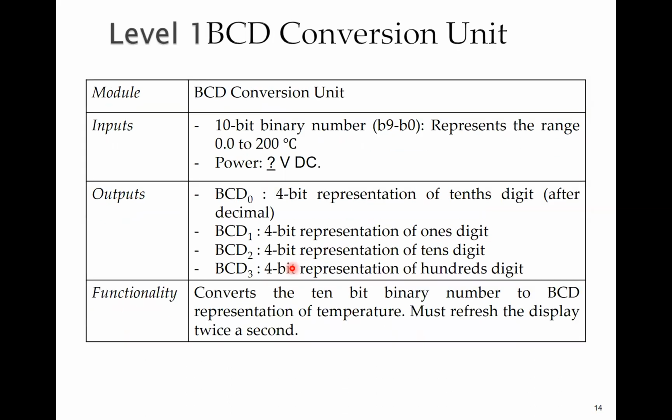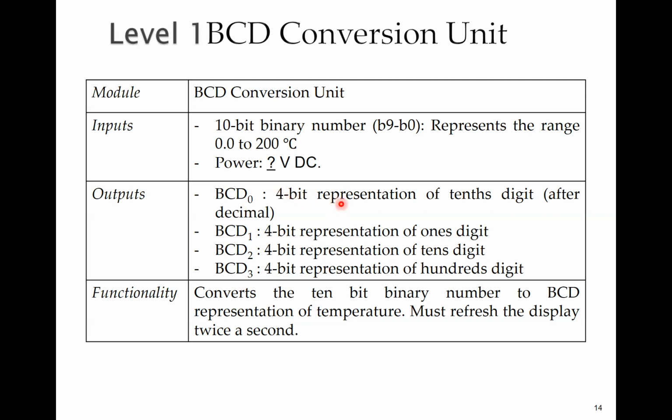BCD conversion unit. Model name is BCD conversion unit. Inputs, we have a 10-bit binary number here that represents the range from 0 to 200 degrees Celsius, and the power, as usual. Here we have 4 BCD outputs, BCD 0 to 3.